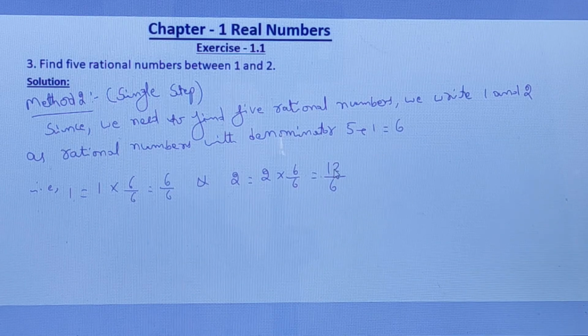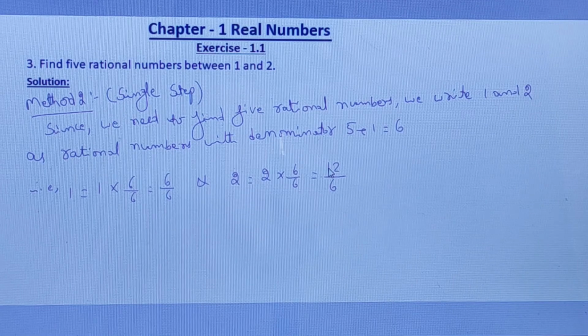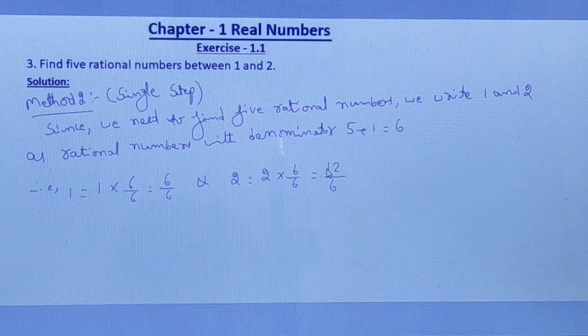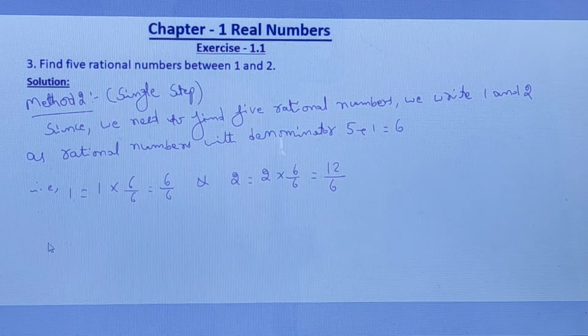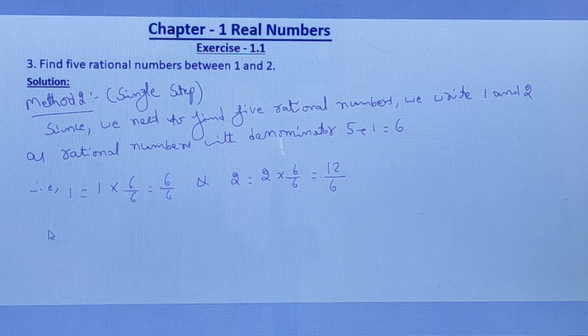Between 6 and 12 we can find 5 rational numbers. What are those? 7, 8, 9, 10, 11. Right? So that is 7 by 6, 8 by 6, and so on up to 11 by 6.